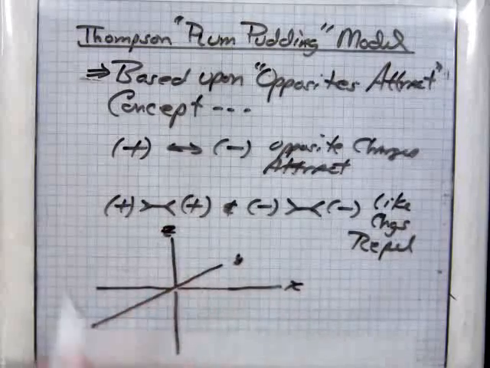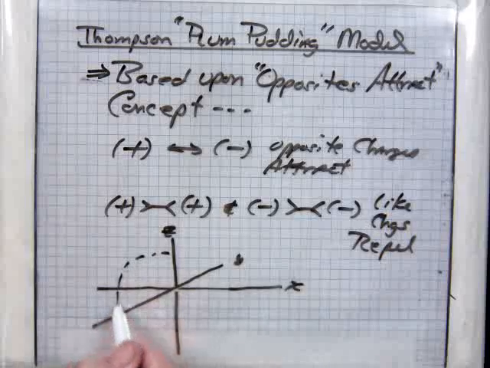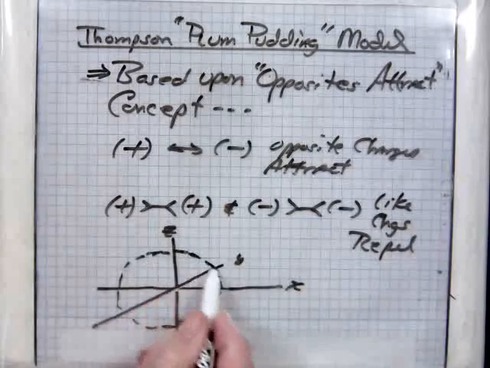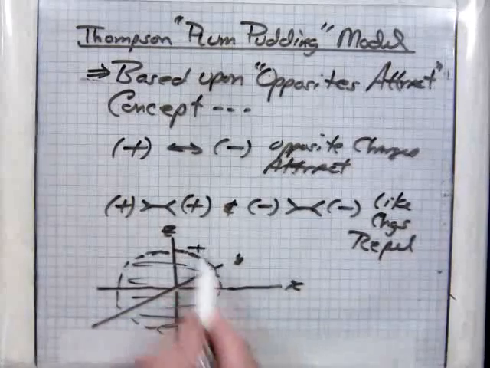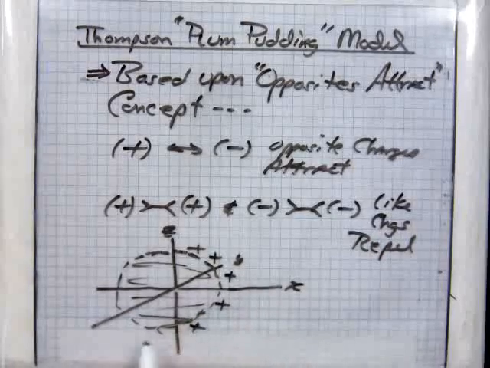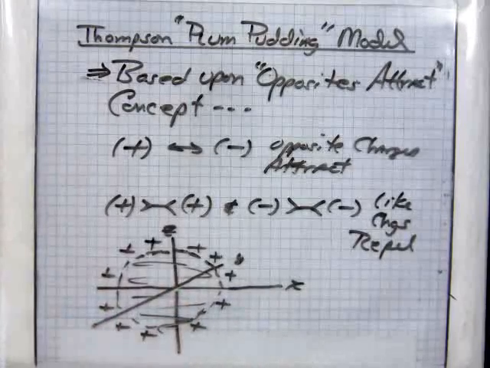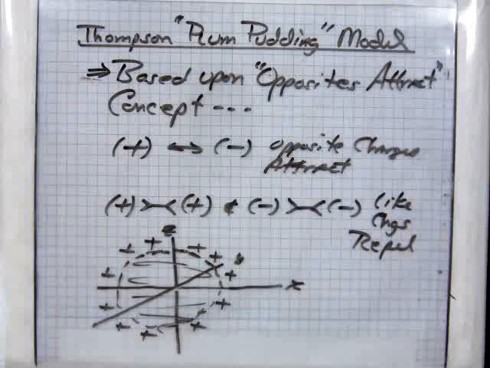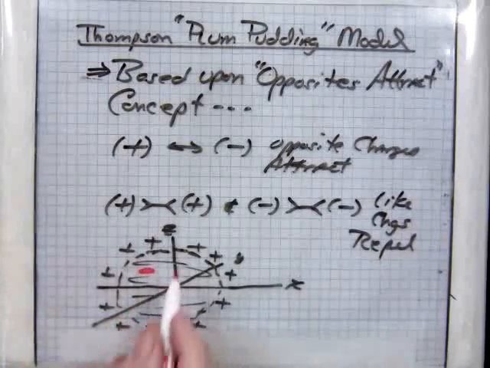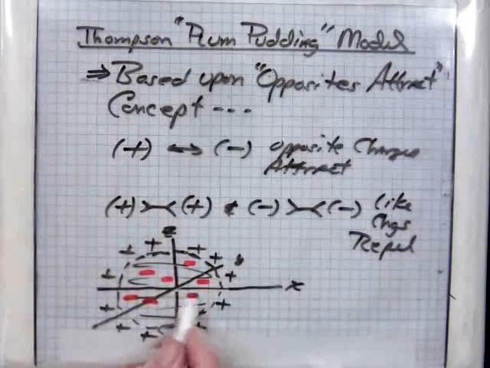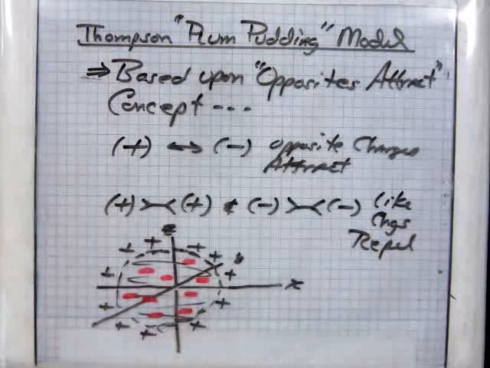Thompson visualized this as a spherical positive field, like that, and in that positive field were embedded negative electrons, suspended in this positive field as shown in the general diagram.